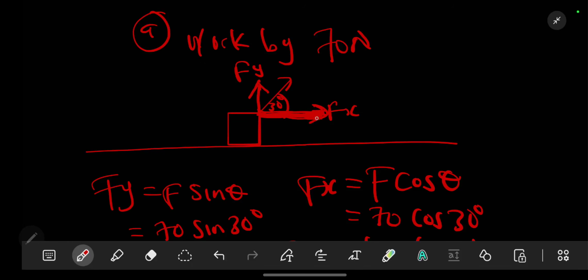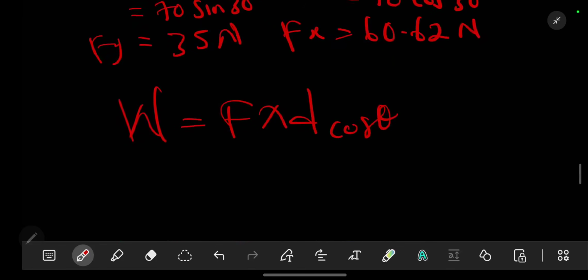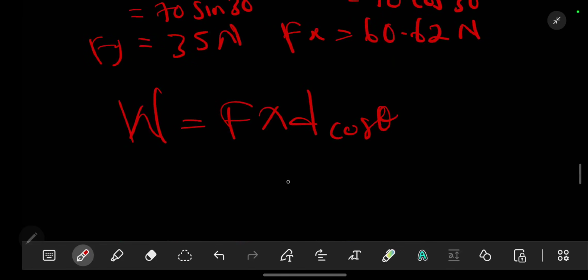Is there any angle with respect to the point of contact? Is there an angle between them? As you can see, this line in the x direction is parallel to this line. So therefore this angle is 0 in that case. So for such a situation, the angle here is 0.